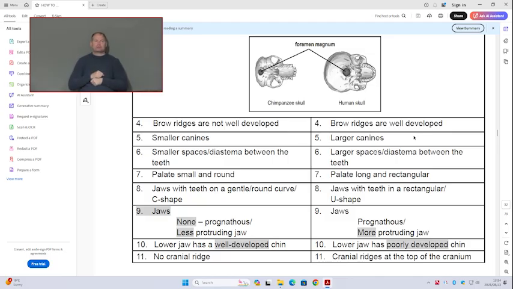Ladies and gentlemen, for the brow ridges, we only use well developed or not well developed, not other terms. We don't want to see terms such as prominent or not prominent. We use not well developed or well developed.